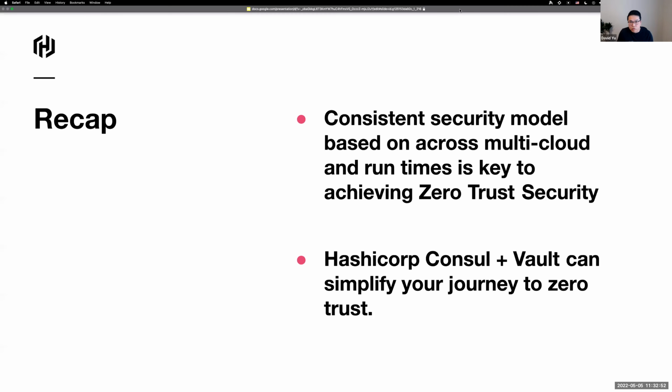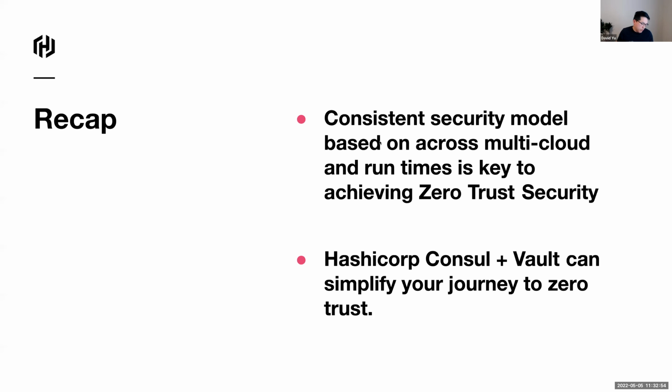I wanted to quickly recap what we discussed. We talked about how we can leverage Vault and Consul and Kubernetes to deploy a consistent security model across all these services. We're authenticating, we have identity, we're making sure that the traffic's encrypted, leveraging all those principles of zero trust to enable the security model across multiple clouds and multiple runtimes.